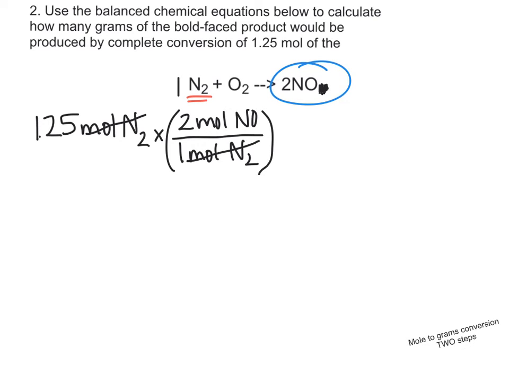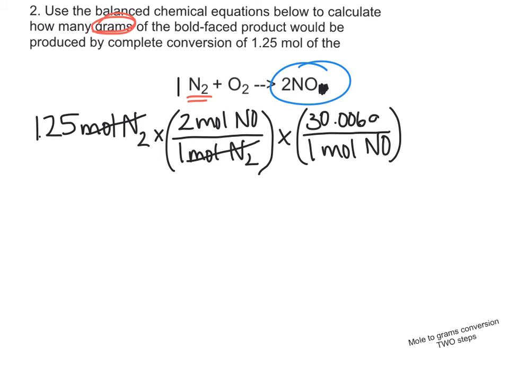Now I need to get my moles here and convert it into grams, because that's what the question is asking me, how many grams? Okay, so I have to do my next conversion, and I want to cancel moles. So I know that 1 mole of NO equals 30.006 grams.